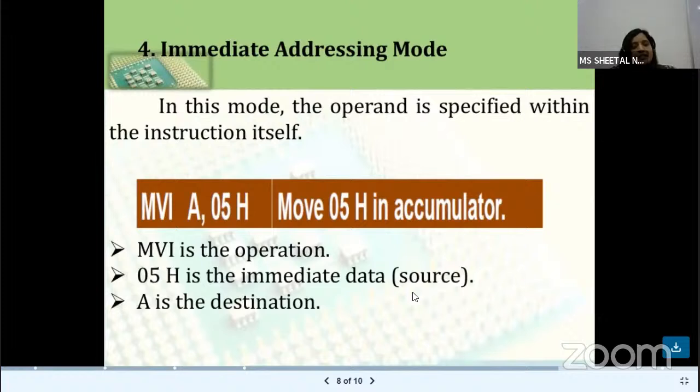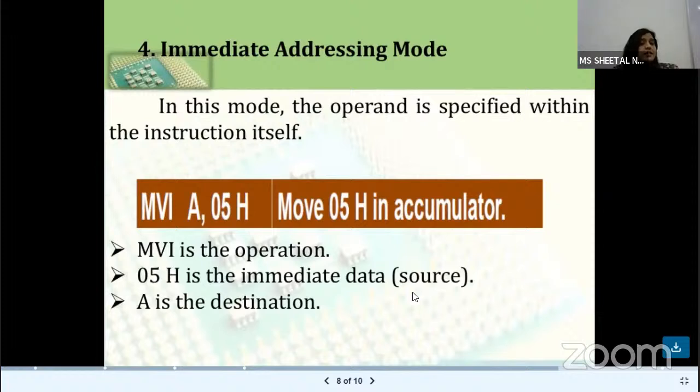For example, we can take other examples also: MVI B comma 04H, MVI C comma 06H, and MVI A comma 05H is a 2-byte instruction. Now, how is this a 2-byte instruction? First of all, MVI A comma 05H.